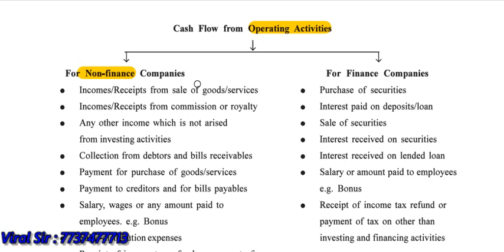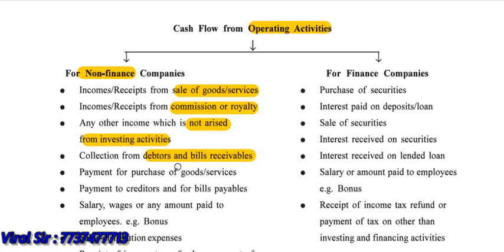Okay. Now for those companies, what activities are termed as operating activity? Income received from sale of goods and services, income received from commission or royalty, any other income which does not arise from investing activities, collection from debtors and bills receivable. These were the inflows.